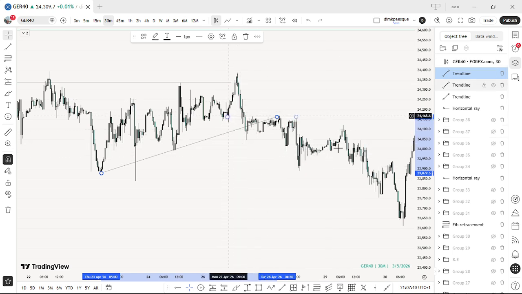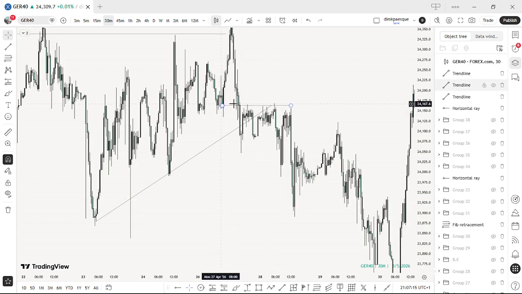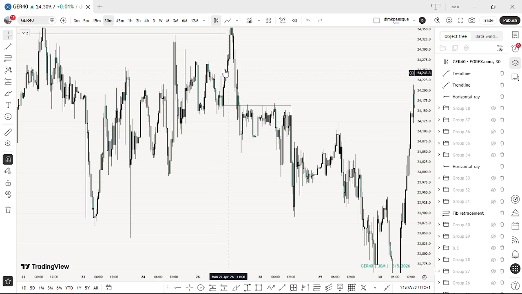So now we broke structure here. So generally this structural break here is supposed to be our entry in 30 minutes.